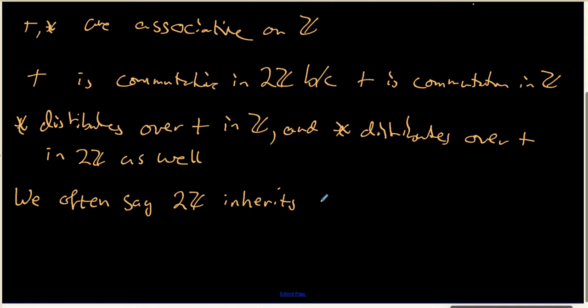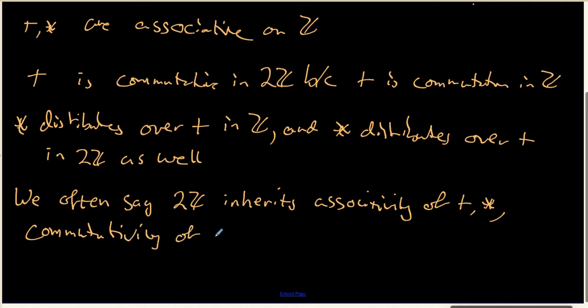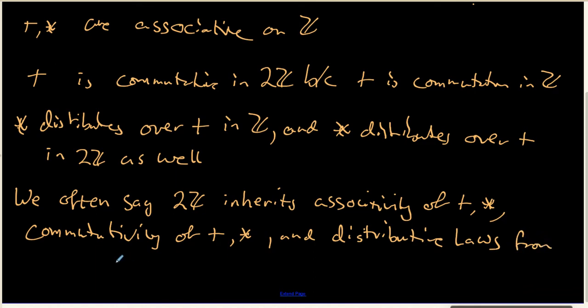So we often say that 2Z inherits associativity of plus and times, commutativity of plus as well as times, and the distributive law from the big set Z.